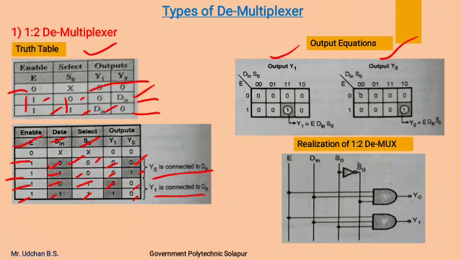Here the enable line is taken vertically, and data input and S0 lines are taken horizontally, and values from the y1 column are inserted over this K-map. So here only for E 1, data input 1, S0 1, we will get 1.